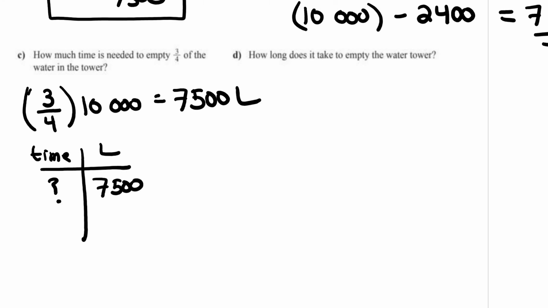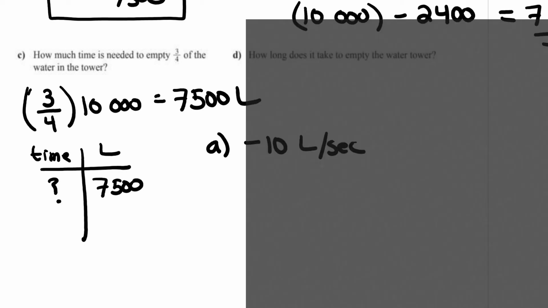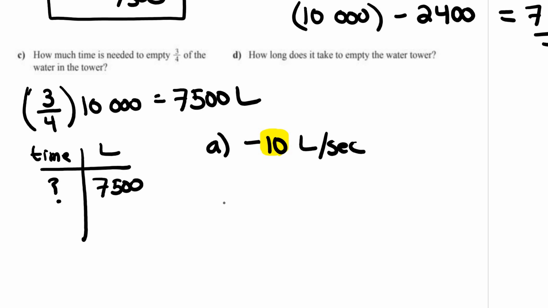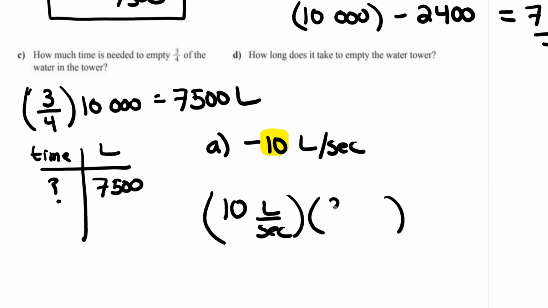Let's think about this logically. Back in part A, we know that the rate of change is 10 liters per second, so every second we're losing 10 liters. 10 liters per second times how many seconds gives me 7,500 liters.